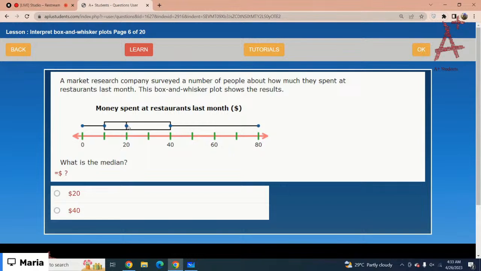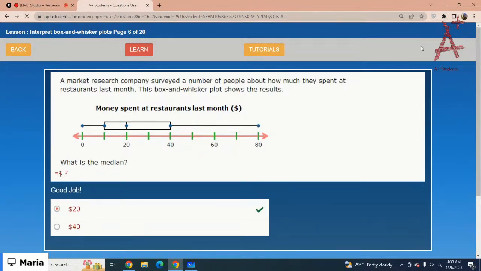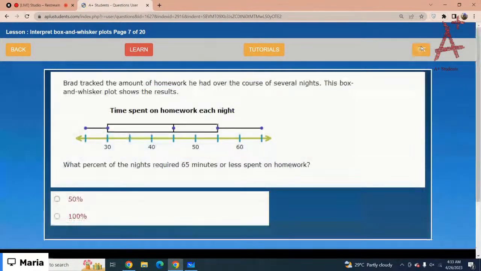So here the point in between the box is 20, so 20 is the median value. Yes, this is the box. You can see from here 30 to 50. Got it? And you have just one point in between them, that would be the median. So for this one, the median is 45. No, not the middle one.